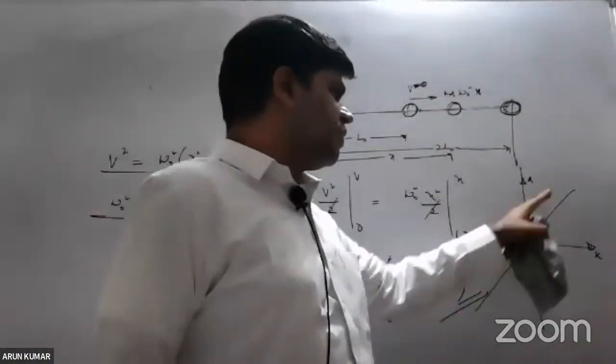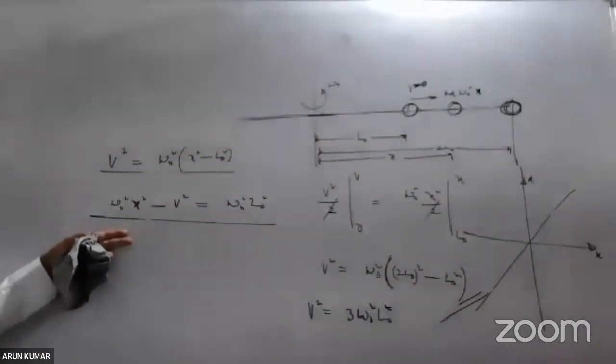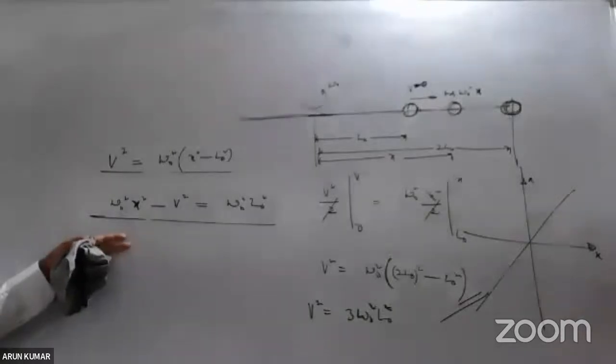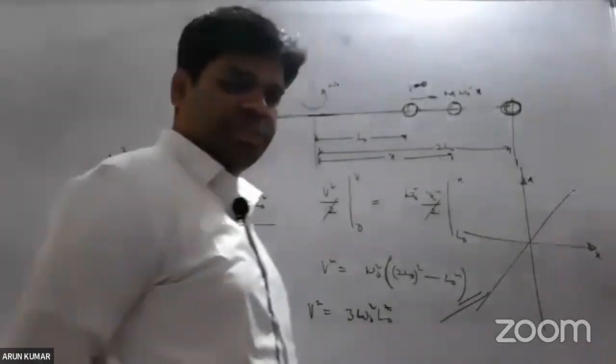A with respect to x is a linear function. V with respect to x is what kind of function? Tell me, conic section. It is a conic section, but what kind of conic section is it? Sir, is it 30? Think again.